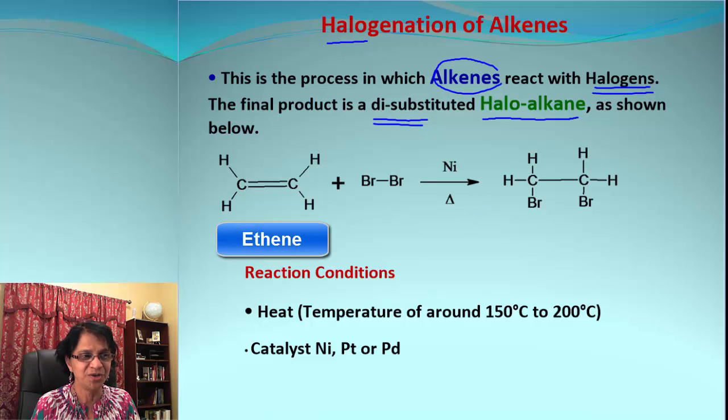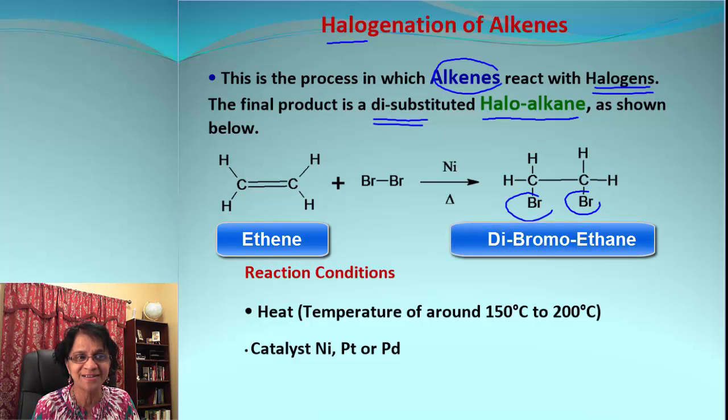So look again, we have ethene here, and that is reacting with bromine. The double bond opens up and each carbon accepts one bromine. So we end up getting dibromoethane.